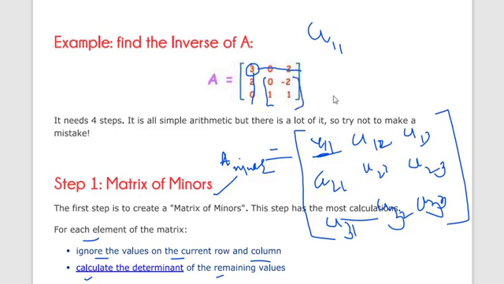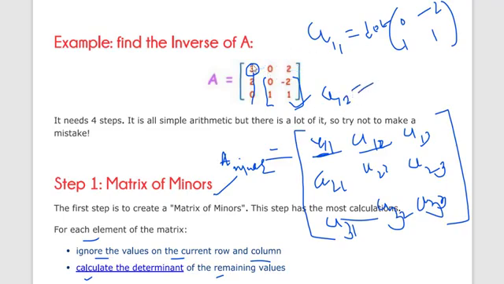So we will find the determinant of this 2 by 2 matrix: 0, -2, 1, 1. So we will get the answer for A11. For A12 also, the same method is applied.